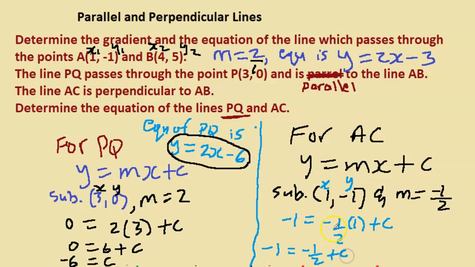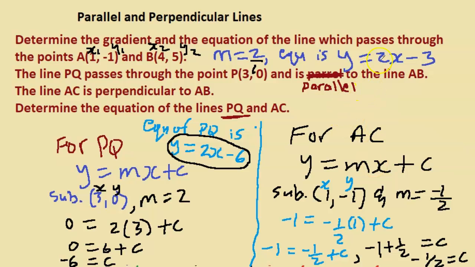I'm doing some transposing now, so I would add half to both sides to cancel this negative half. I group it over here. I would have -1 plus half equals c. And what's -1 plus half? That's -1/2. So the value of c is -1/2.